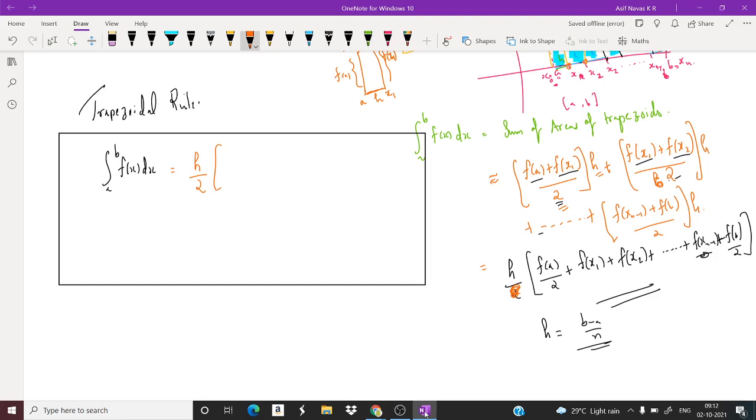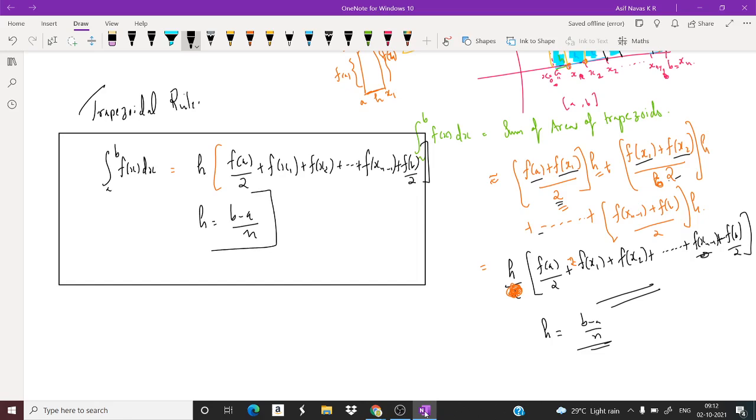If you are taking h by 2, then f(a) plus 2 into f(a plus 1), etc. So I am not taking h by 2. I am only taking h into [f(a)/2 plus f(x1) plus f(x2) plus etc. f(xn-1) plus f(b)/2], where h is equal to (b minus a) by n.